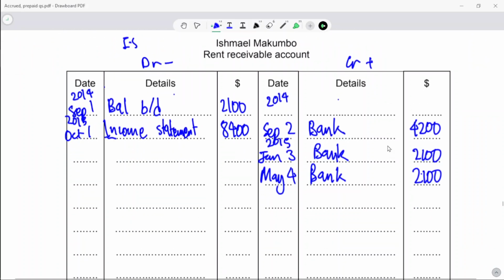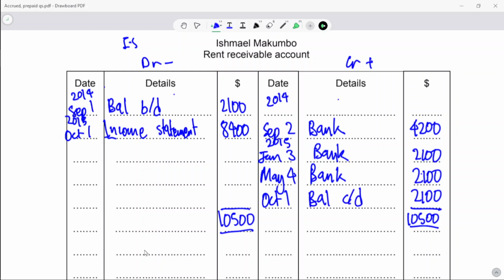Let's balance the account. Put down. Next day.